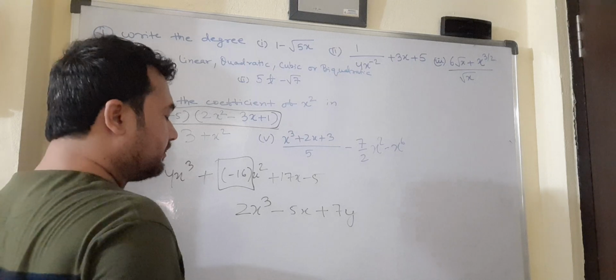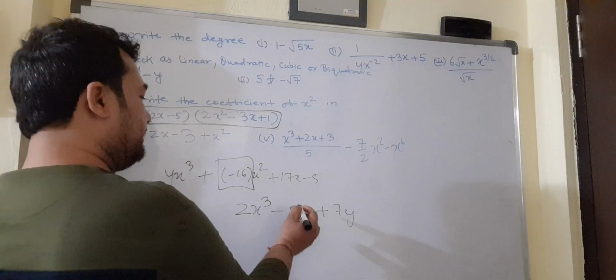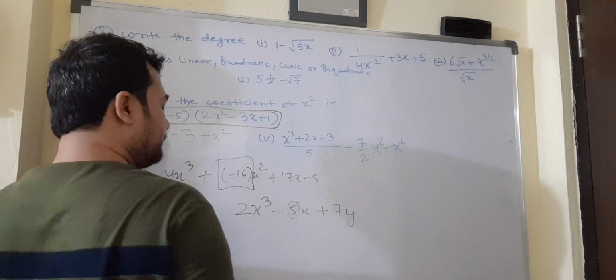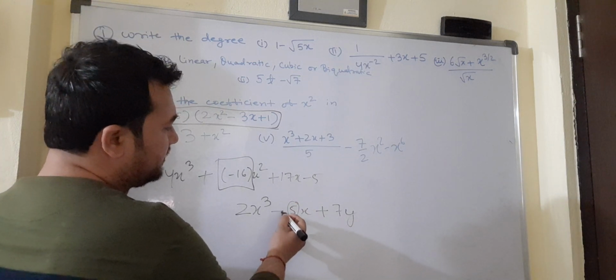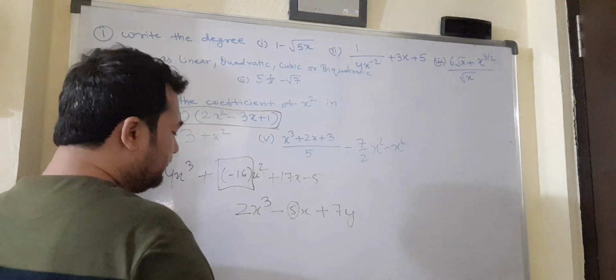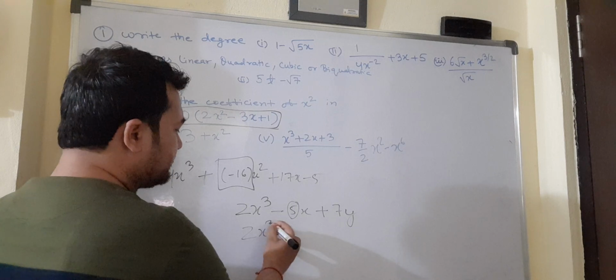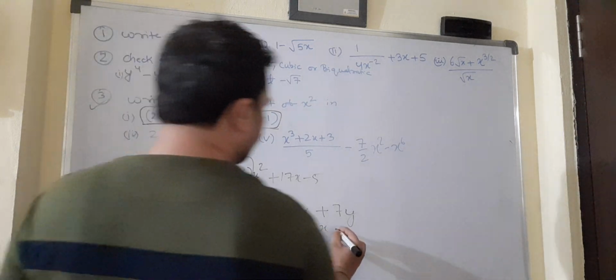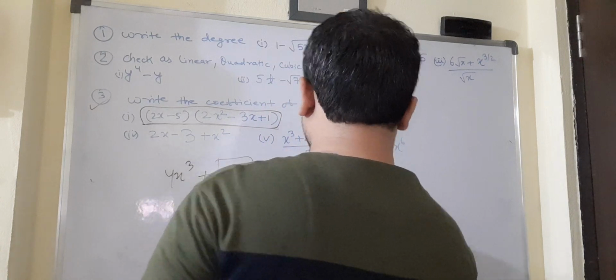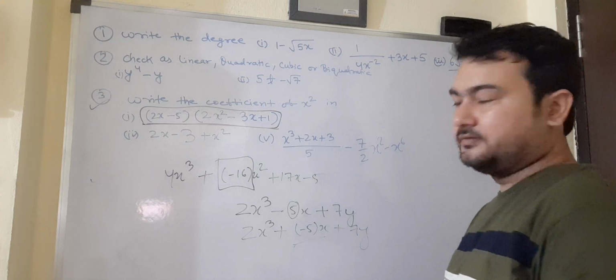The coefficient of x will be minus 5. 5 is associated with it, no doubt, but our general form has plus, and whatever minus sign comes here, we include it inside the coefficient part. This can be written as plus minus 5x plus 7y. So the coefficient will be minus 5.